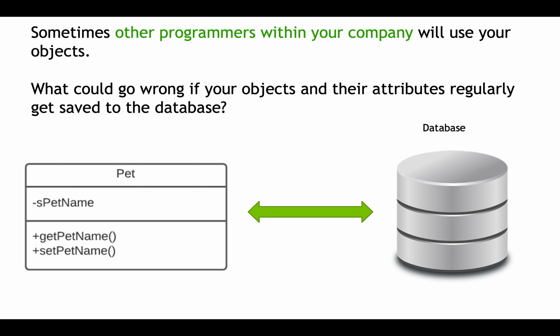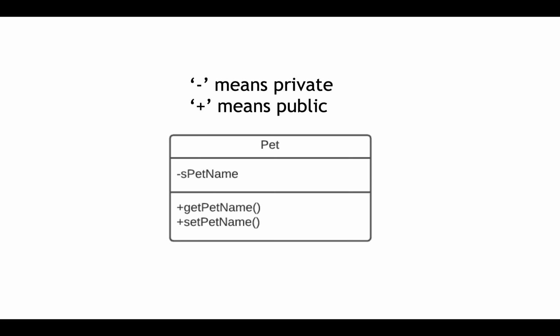All right, let's talk about some other high-level things related to accessibility modifiers. If you're using Unified Modeling Language, UML, you can designate in that diagram what things are private and what things are public. So a minus sign means that something is private, and a plus sign means it's public.